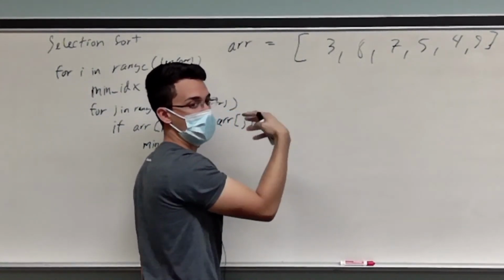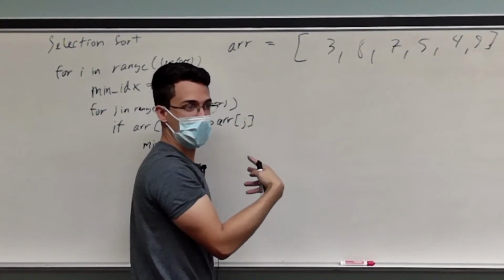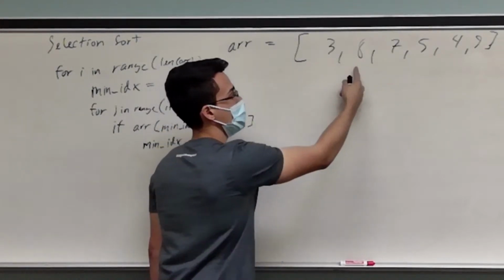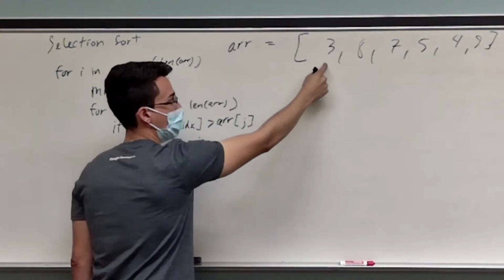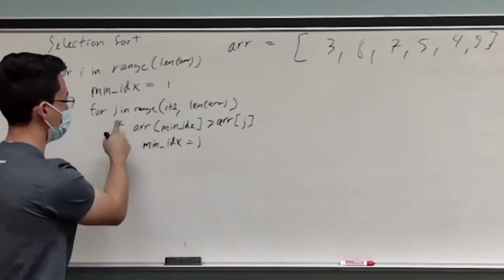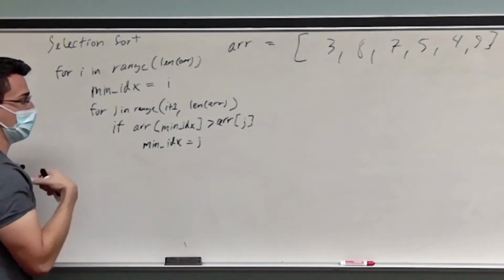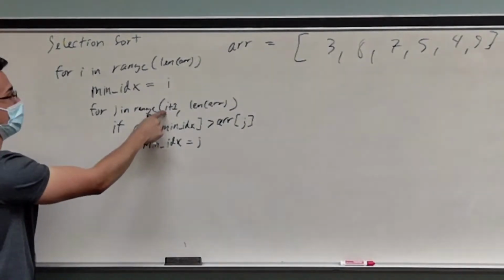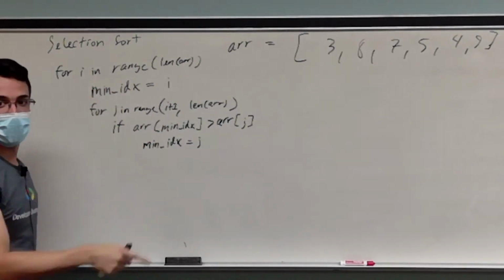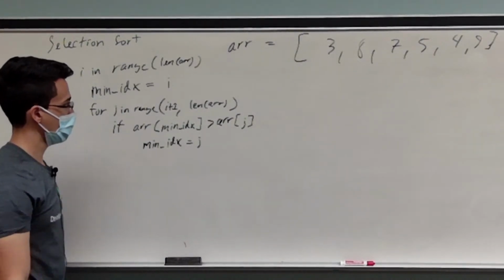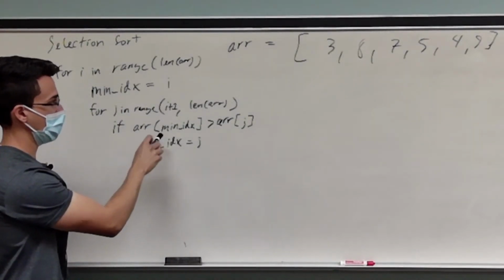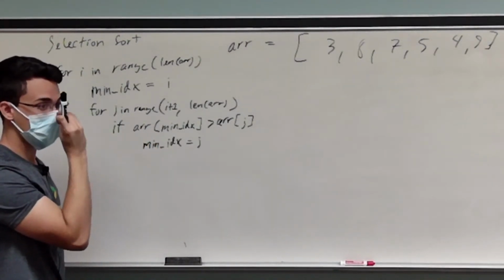Instead of doing many swaps like before, now we're only going to find where the smallest one is, apart from this one. See, that's this loop right here. We're going i plus 1, starting at the one after this, then going to the length. Now we're trying to find where the minimum index is.